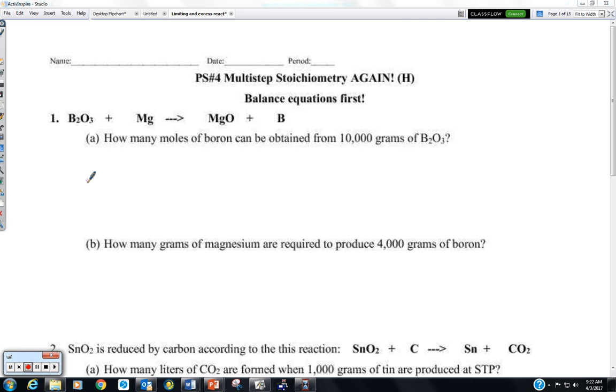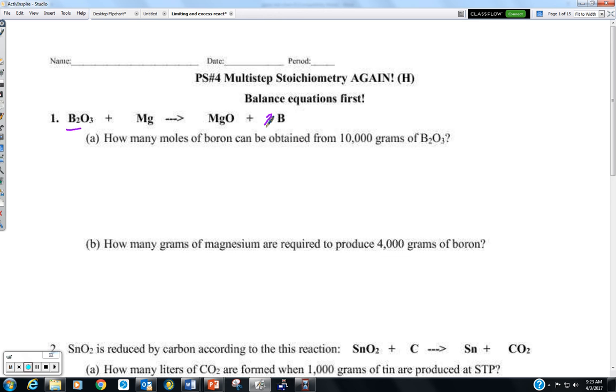Let's go ahead and look at this and see how we do this. So what would be the first thing that I need to do on this problem? All right. So first step, I need to check for balancing. Is my equation balanced? How can I start fixing it? What would I need to do to boron to get it to be balanced?